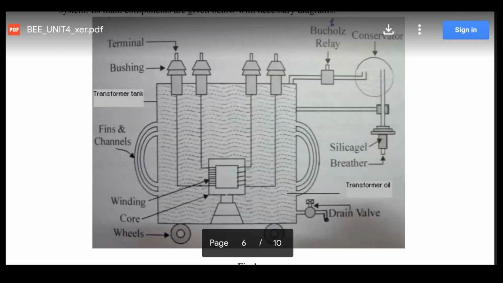Okay. And again, these laminations, since the strips which are used to make these iron cores are of different shapes. So what are the popular shapes which are available to make the transformer cores?